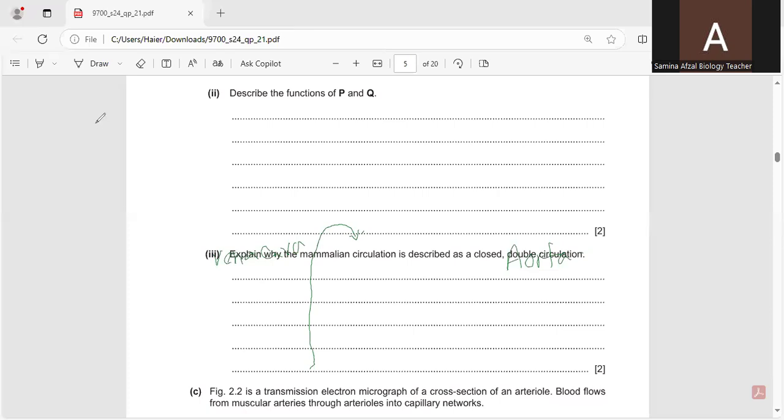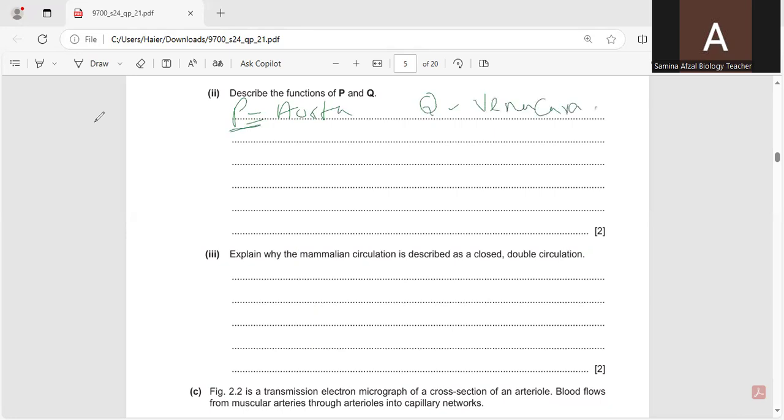Already told you, P is aorta and Q is the vena cava.